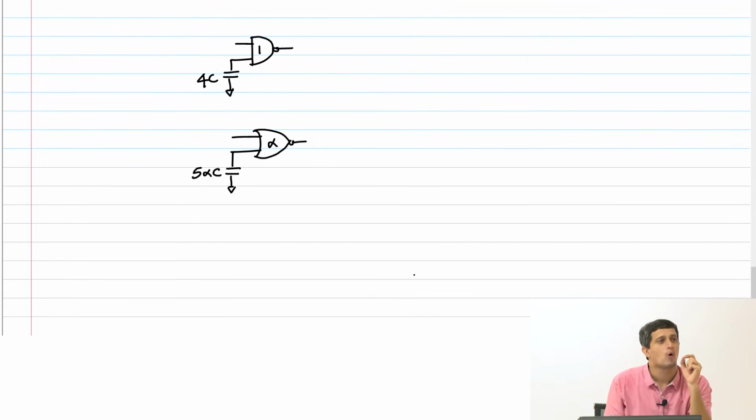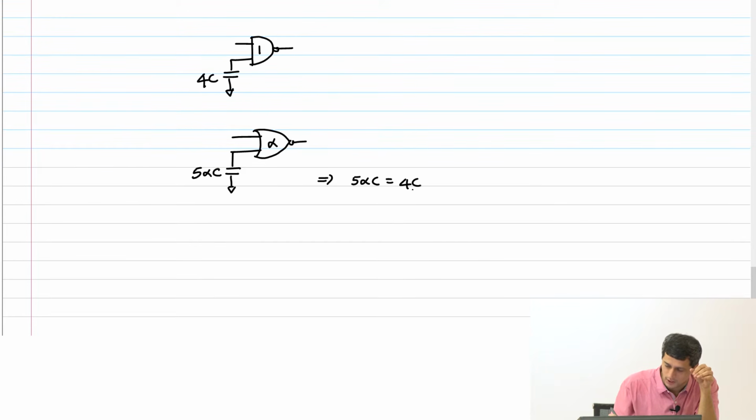Right? Now what is my aim? I want to make the input capacitance of these two gates the same. So I have to choose the alpha so that these two are the same. Therefore 5 alpha C should be equal to 4C. Therefore alpha should be 4 by 5.